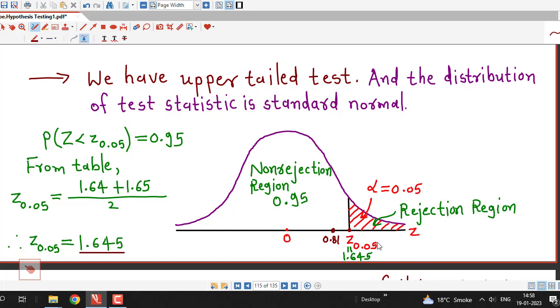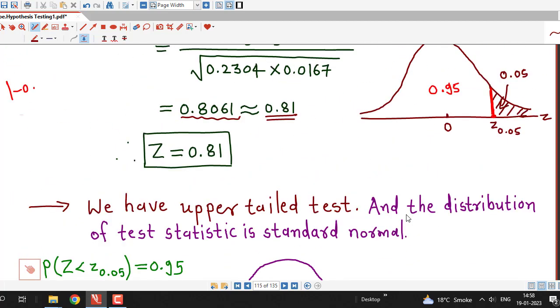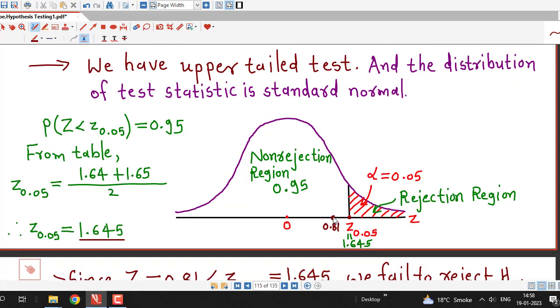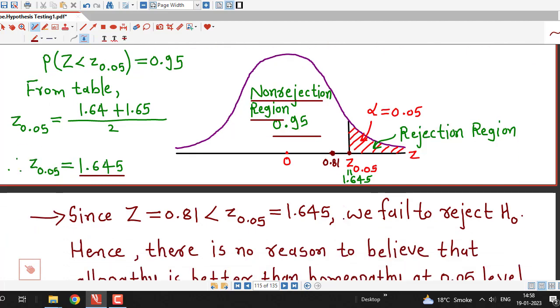Therefore, area to the right of this value is rejection region, and the calculated value of test statistic is 0.81. So that is to the left side of this critical value, or we are in non-rejection region. So because this value is smaller than this value, we are in non-rejection region. That means we fail to reject null hypothesis.